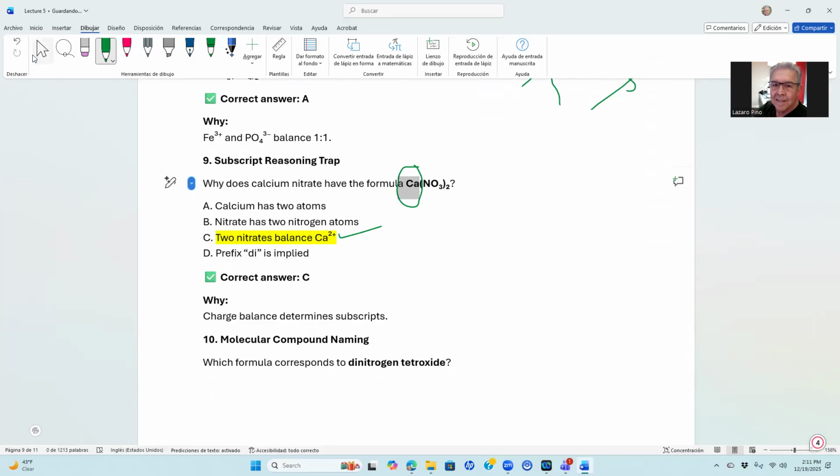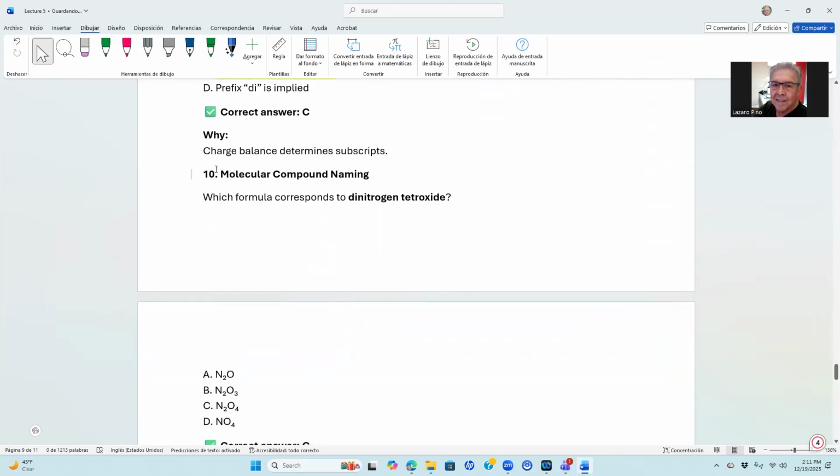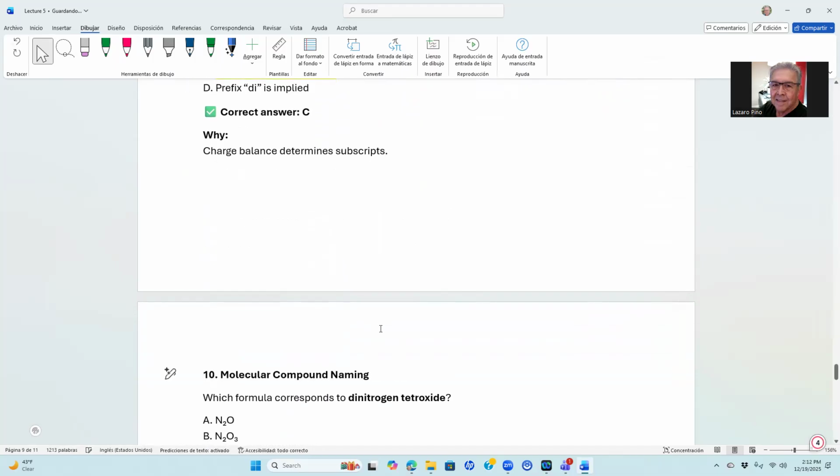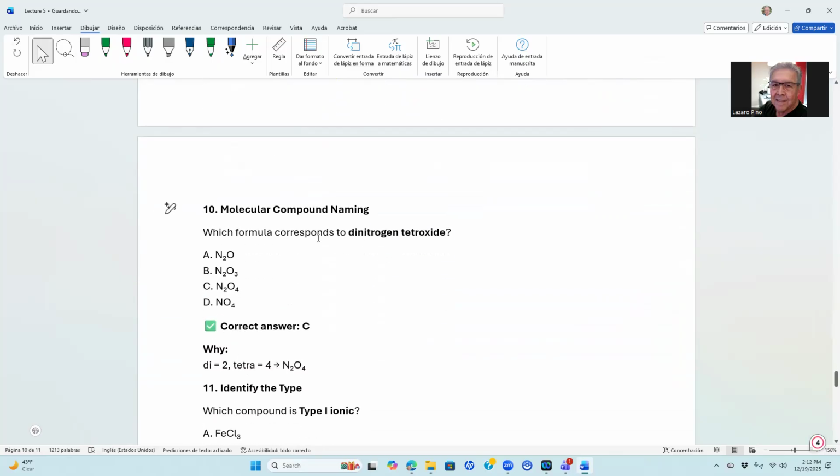Okay, let's continue. Molecular compound naming. Which formula corresponds to dinitrogen tetroxide? Then I know that we have nitrogen and we have oxygen.